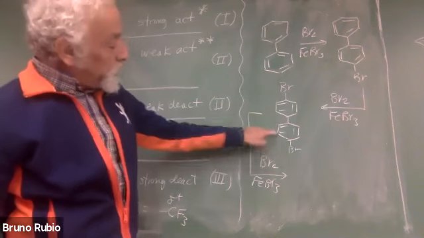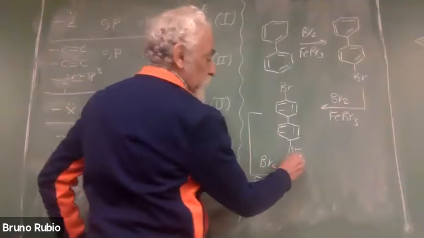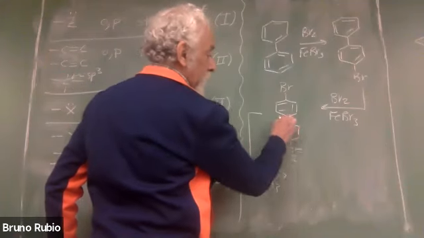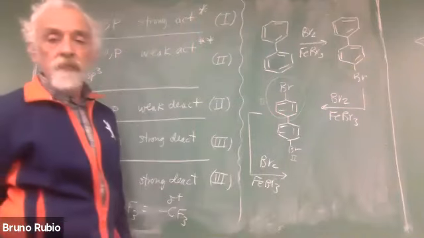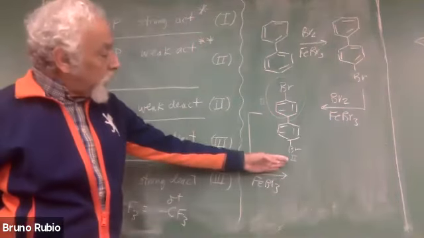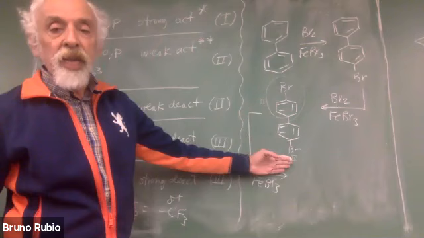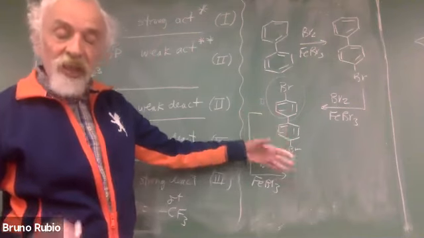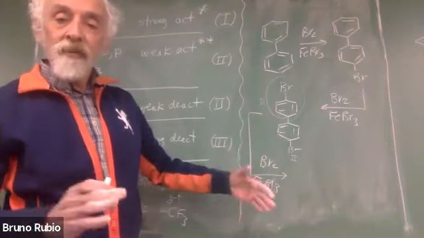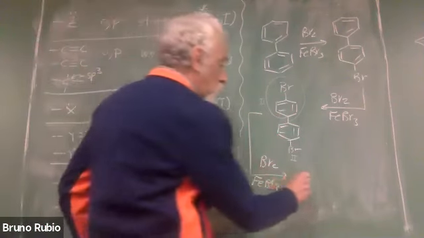The ring on the bottom has a class 2 down here, and this thing is also a class 2. So they belong to the same reactivity class. They have a very significant say of where the next substituent will go.